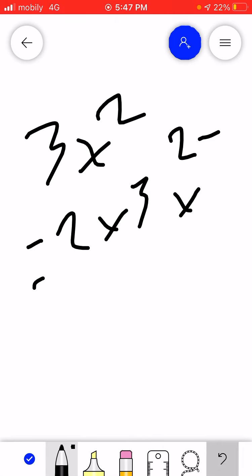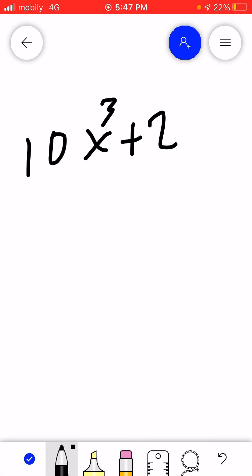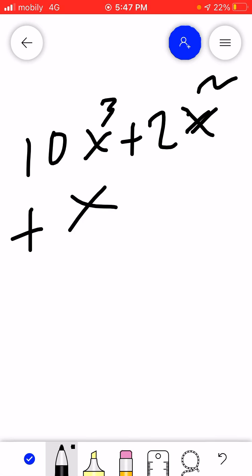Let's put it in an equation. Let's say we play with 10x to the third plus 2x squared plus x. How do you find this one?